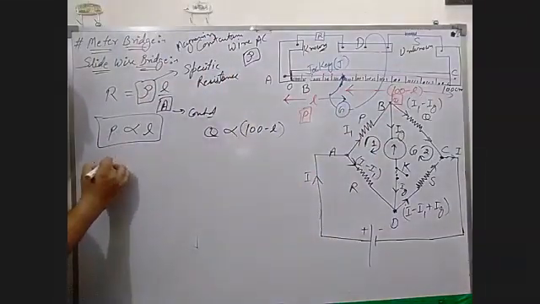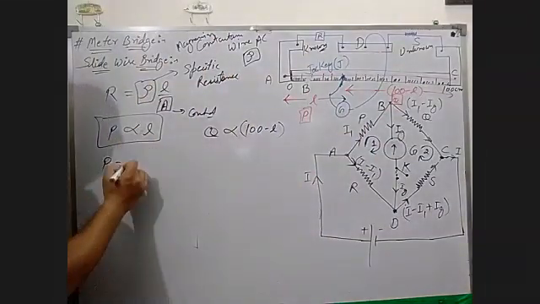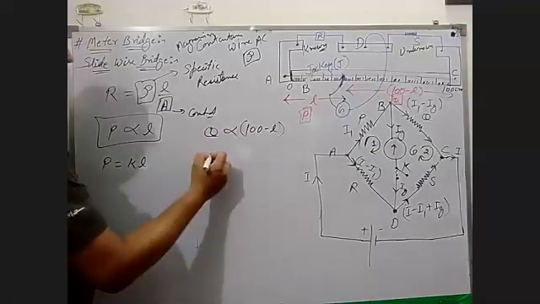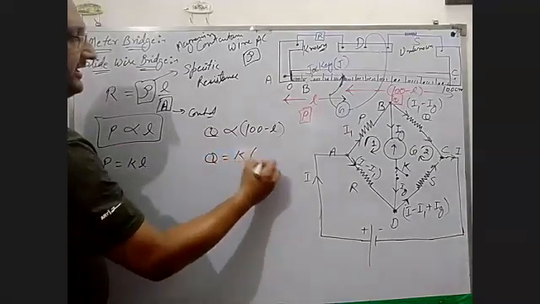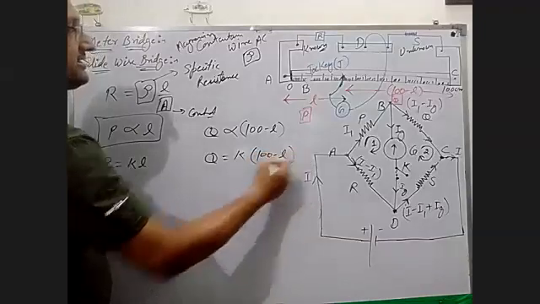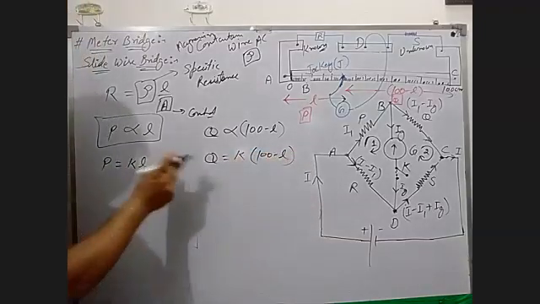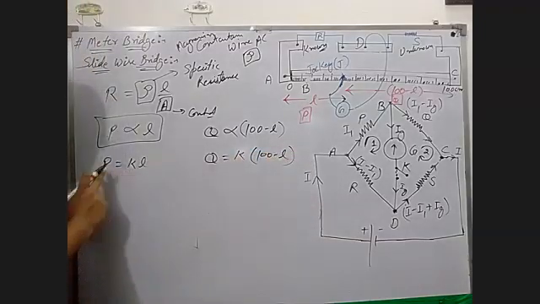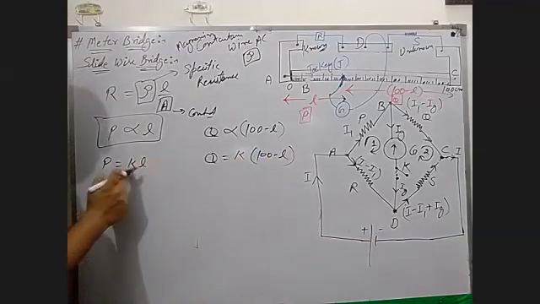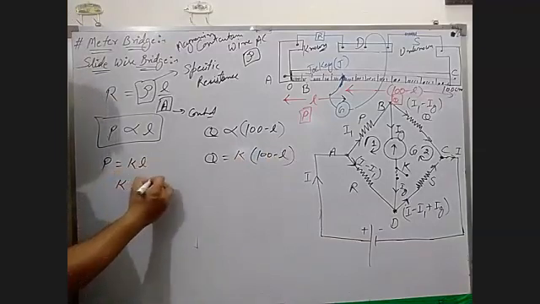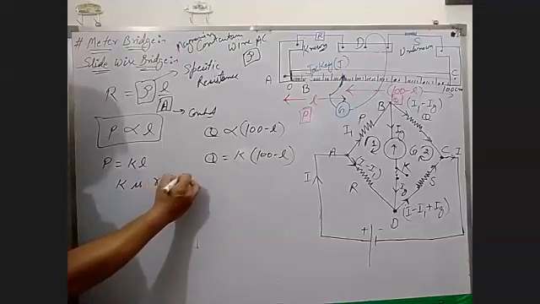Now P is equal to K L, where K is constant, and Q is K into 100 minus L. What is K? Here this is resistance, this is length. So K is resistance per unit length.